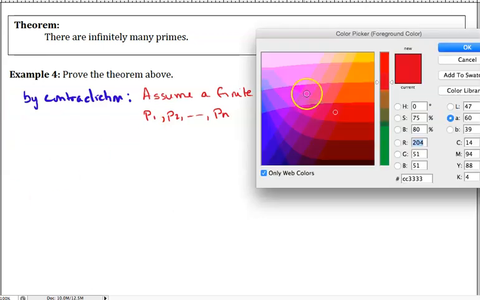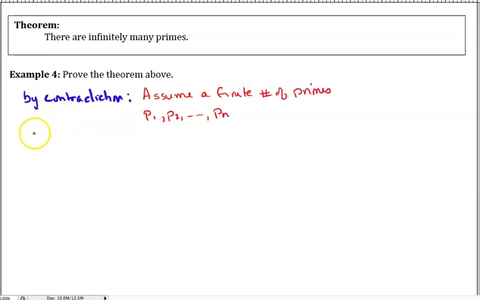So we're going to let a number Q be the product P1, P2 through Pn, plus 1. So we're going to form this new number Q. And according to the fundamental theorem of arithmetic, we have two cases.